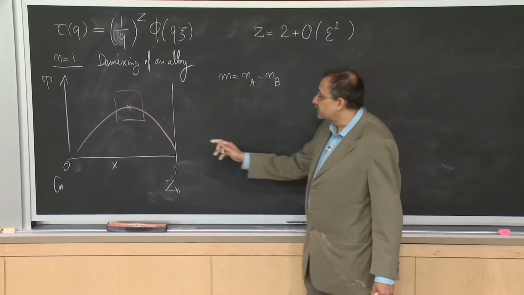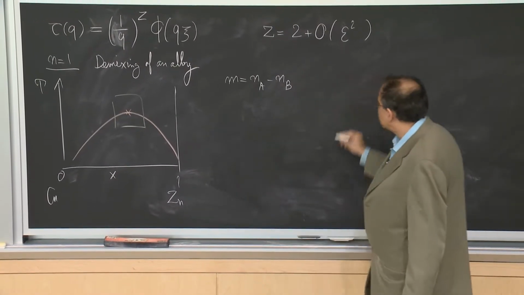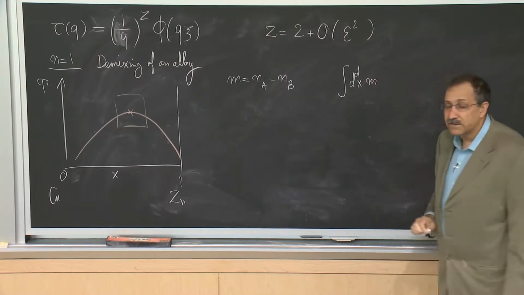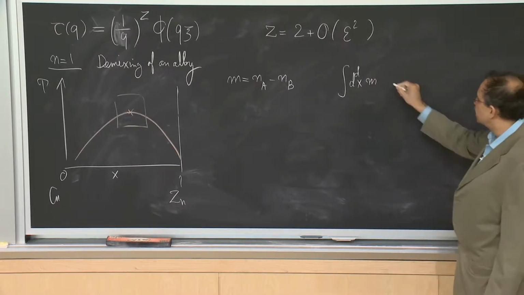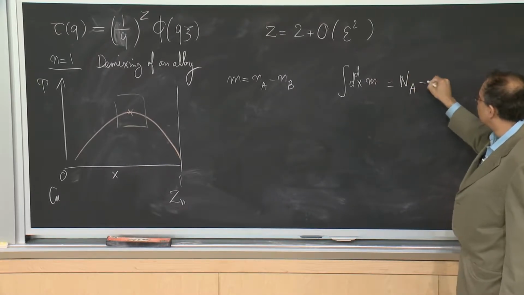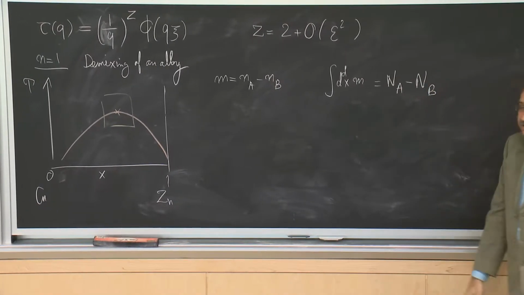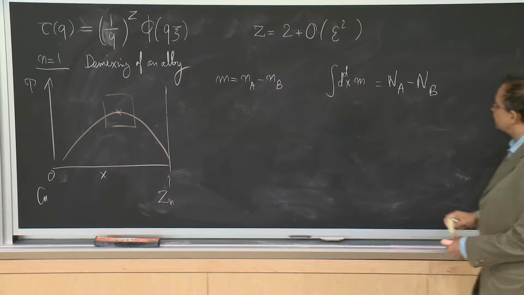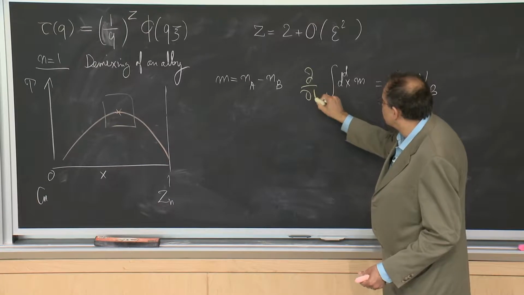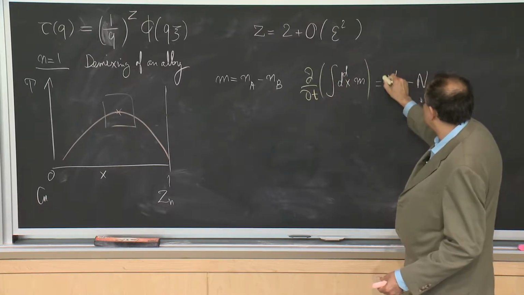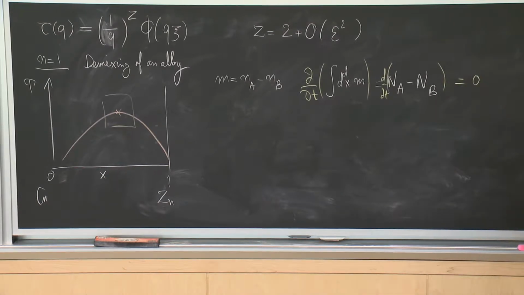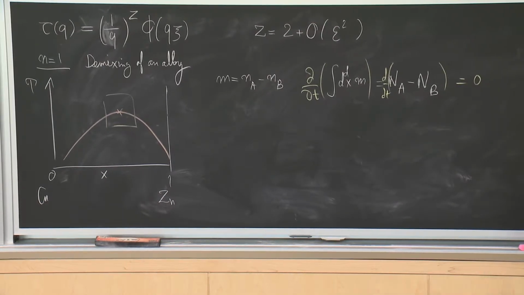And in particular, what is happening in the system is that if I integrate this quantity m across the system, I will get the total number of one minus the other, which is what is given to you. And it does not change as a function of time. d by dt of this quantity is 0, it cannot change. Okay?